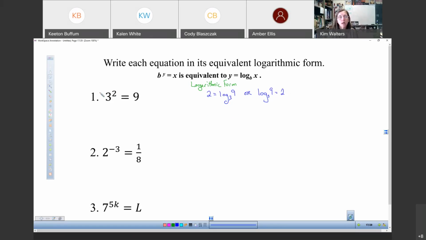Okay, so I'm going to give you all a second to write the next one. I'm not going to make you type it to me. I'm just going to ask you to tell me what goes in some specific places. So rewrite this one, lining up the different pieces. What is y? What is x? What is b?